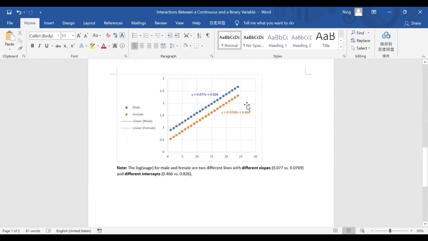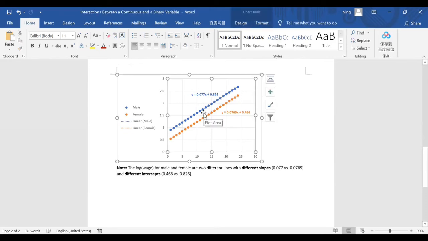The two lines are shown here. The blue line represents the linear model that predicts the effect of education on log wages for male workers. The orange line represents a linear model that predicts the effect of education on log wages for female workers. These two lines have different intercepts and different slopes, even though the difference in slopes is very small in this case.